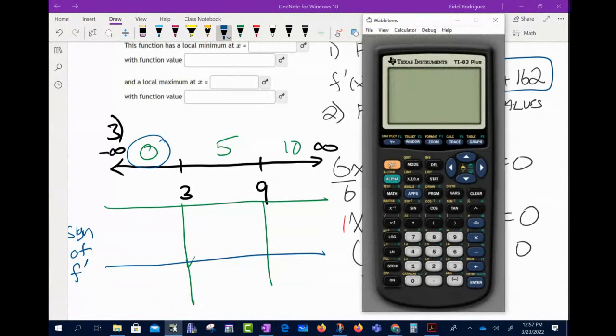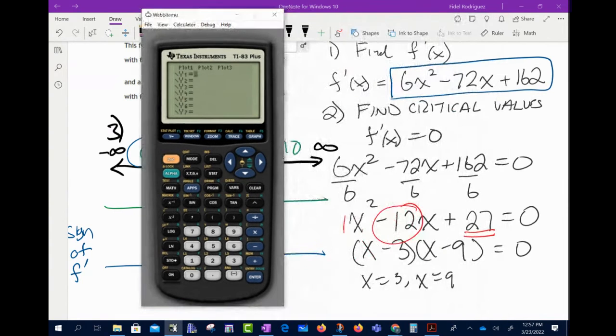So look, let me grab my calculator. Let me turn this guy on. Let me go to my y equals. I'm going to clear both of those functions, but I am going to enter in my derivative one first. So 6x squared minus 72x plus 162. Okay. There we go. So let me quit that now.